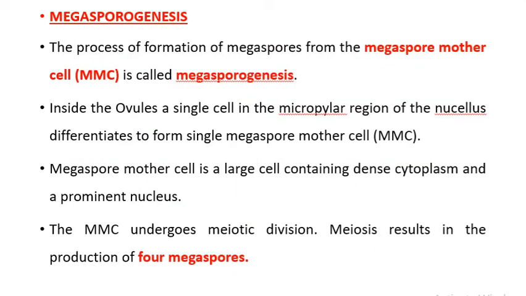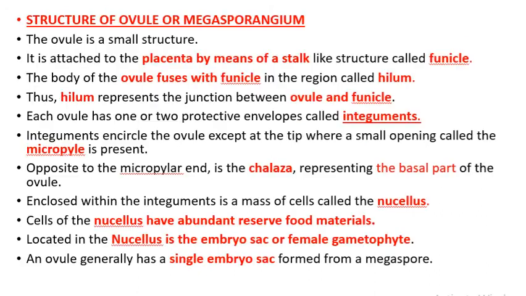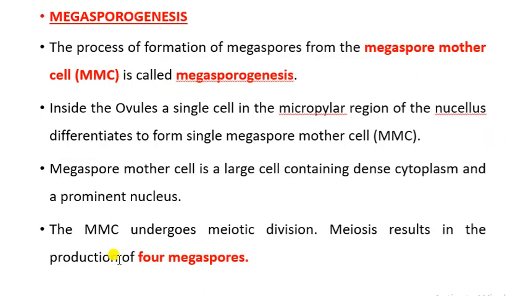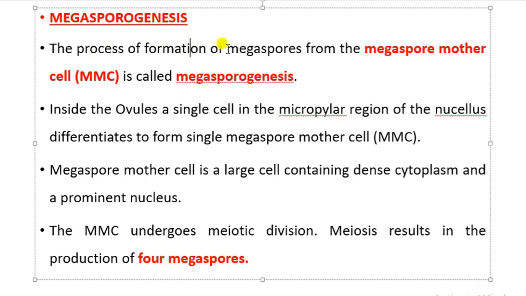Now with this we will start another topic, that is megasporogenesis. As we have seen in the last slide, the ovule has one embryo sac and it is formed from a megaspore. So what is megasporogenesis? Megasporogenesis is the process of formation of megaspores from the megaspore mother cell.